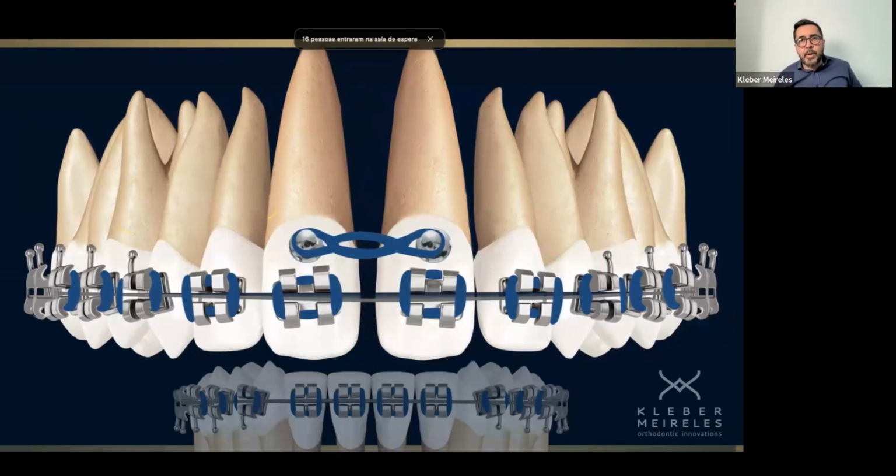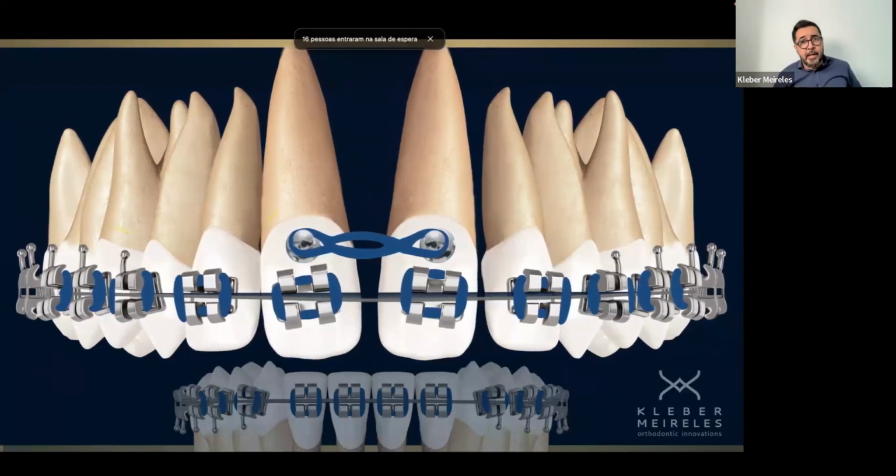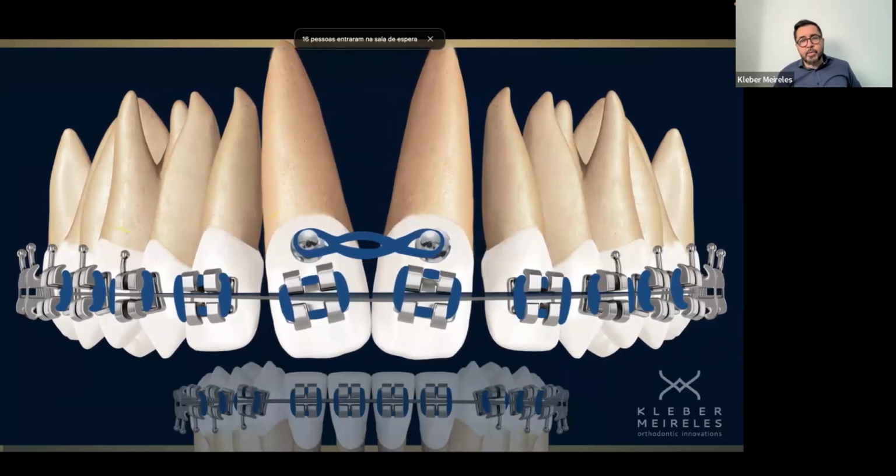So if I want to apply the right concept for that, I need to have, look at this. So in greater distances, I have a very bad outcome, especially when I apply this using light arch wires, not heavy arch wires, because a heavy arch wire will generate a couple, and a couple may resist a little bit to this type of inclination.